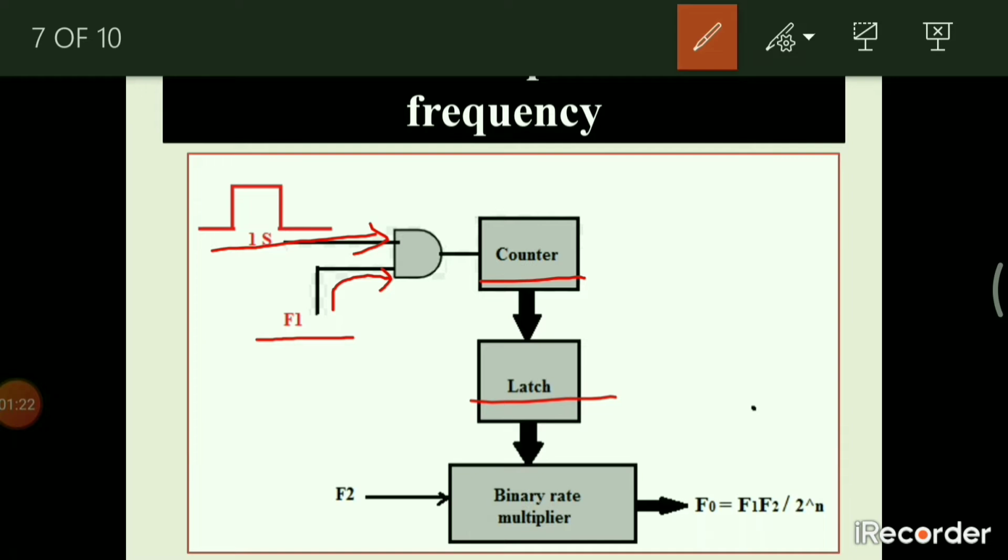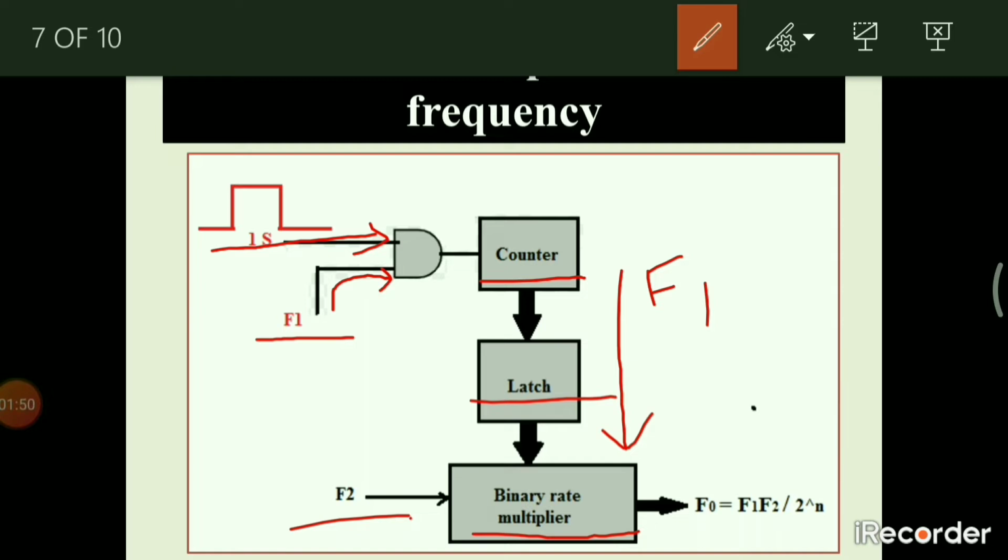After that, the latch output is given to the binary rate multiplier. To the binary rate multiplier, the second frequency signal f2 is also given, and one input signal is from f1. The function of the binary rate multiplier is to multiply the two frequencies f1 and f2.